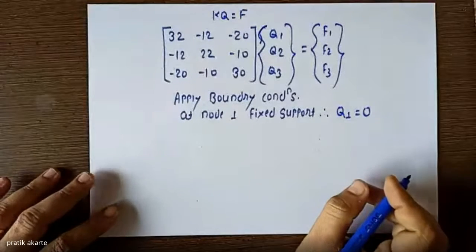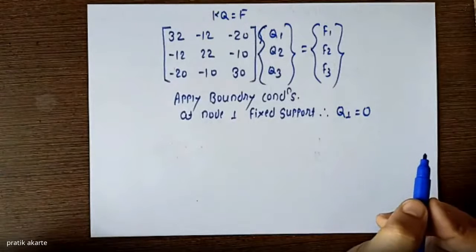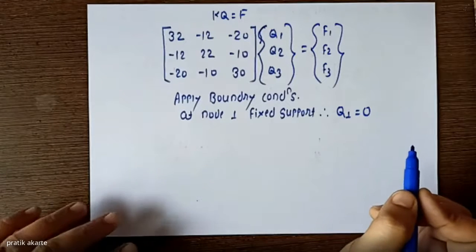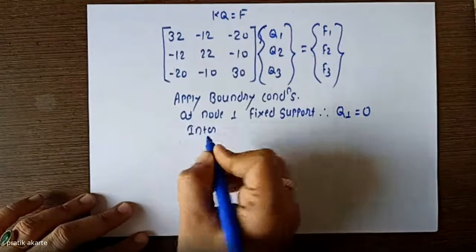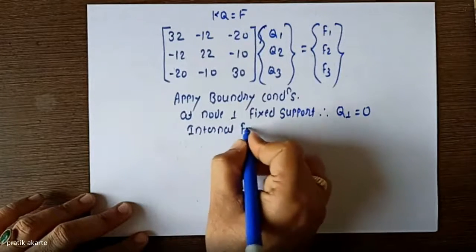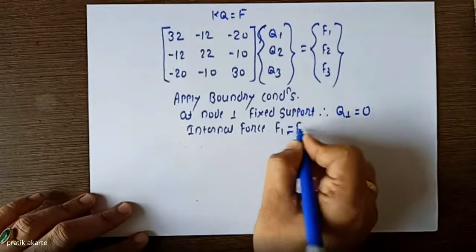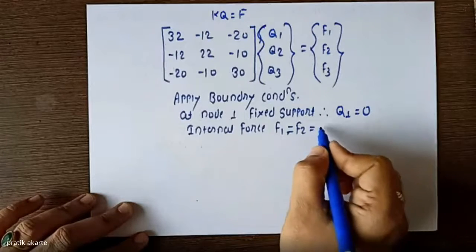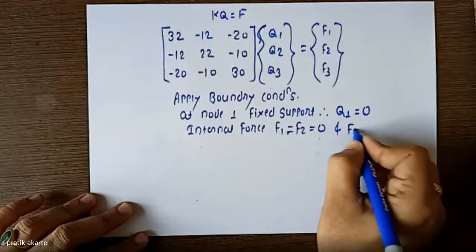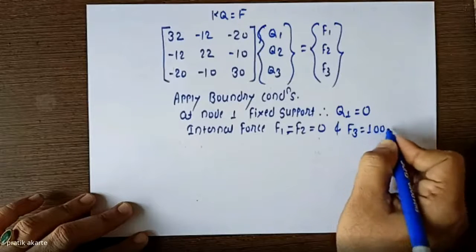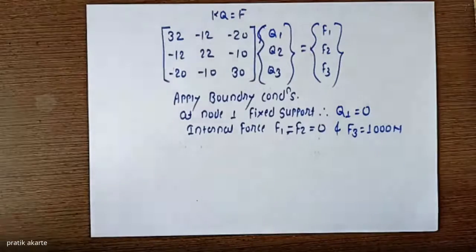Since that plate is fixed, all the nodes numbered as 1 cannot move. So that's why Q1 is equal to 0. Also, the forces F1 and F2 are 0. And we know that F3 is equal to 1000 Newton. So these are the boundary conditions.